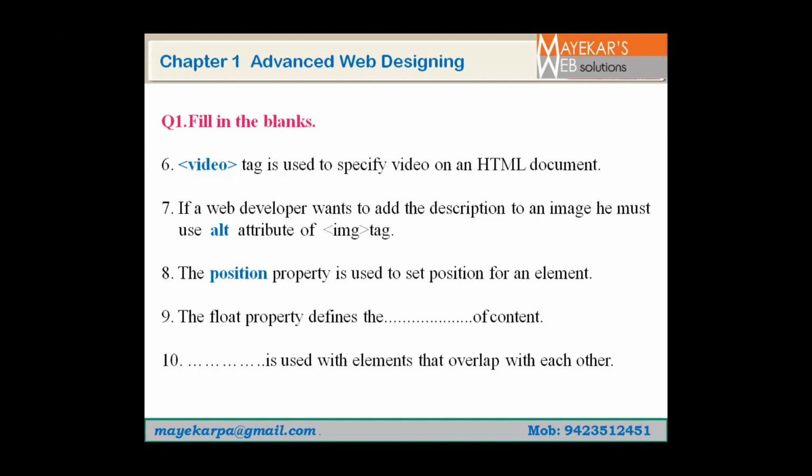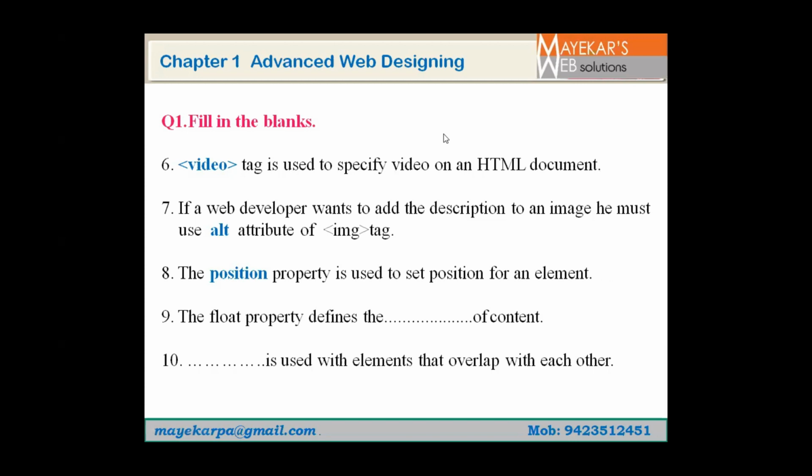Next, question number 9. The float property defines the dash dash of content. The answer is flow of content. Flow means the sequence you have used in your web page by coding.